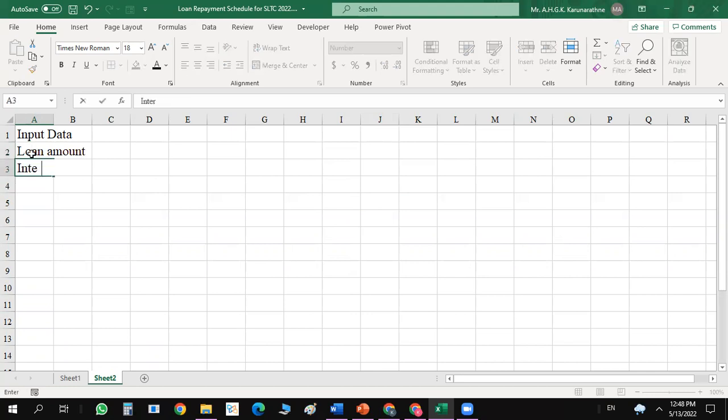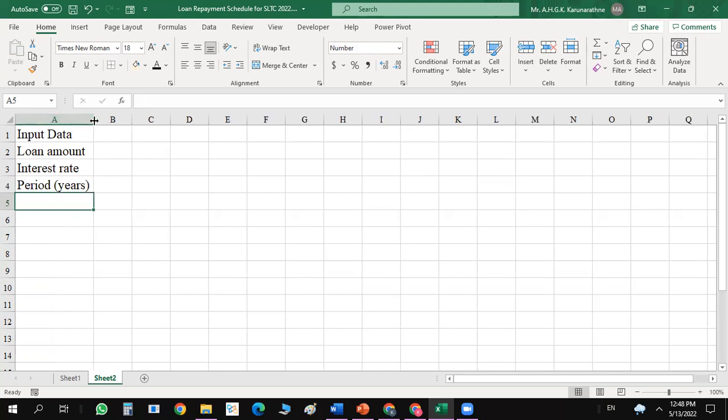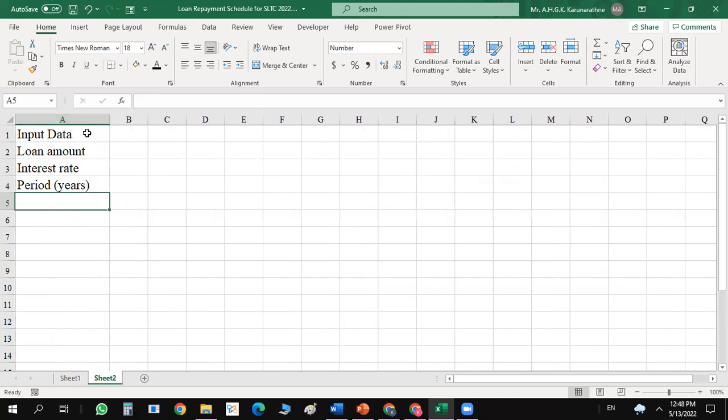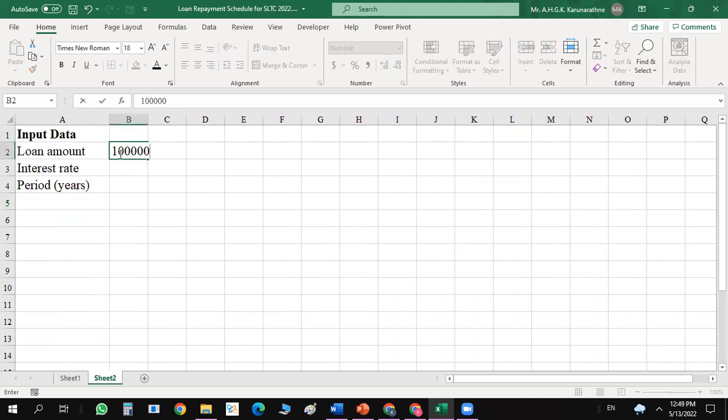Then interest rate and period, in years or months you can put, right?